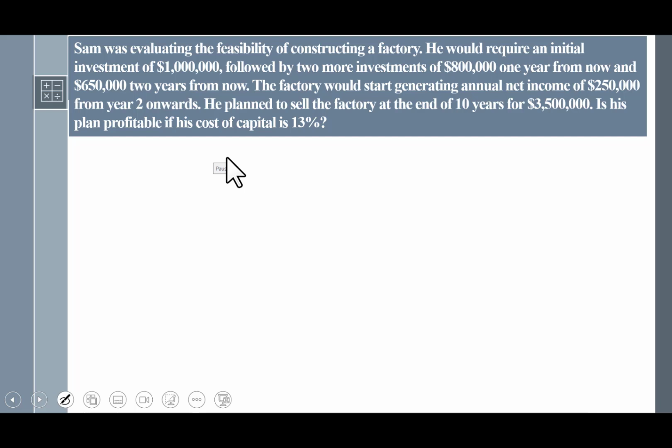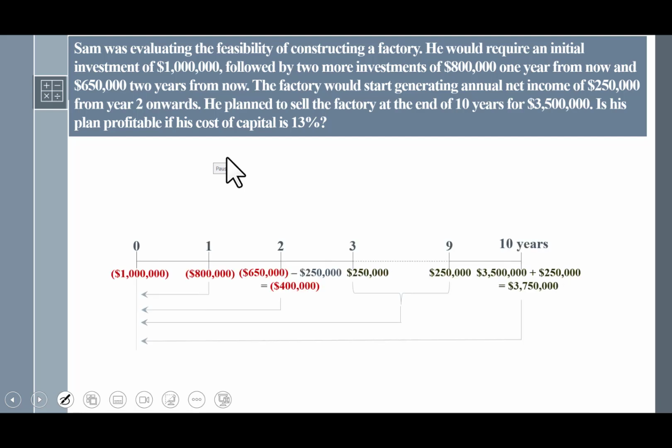Let's look at the timeline because this is very important, what's happening. So this is the initial investment. And the first year he's making another investment of 800,000. And the second year he's making another investment of 650,000. But he will start getting 250,000 from the second year.